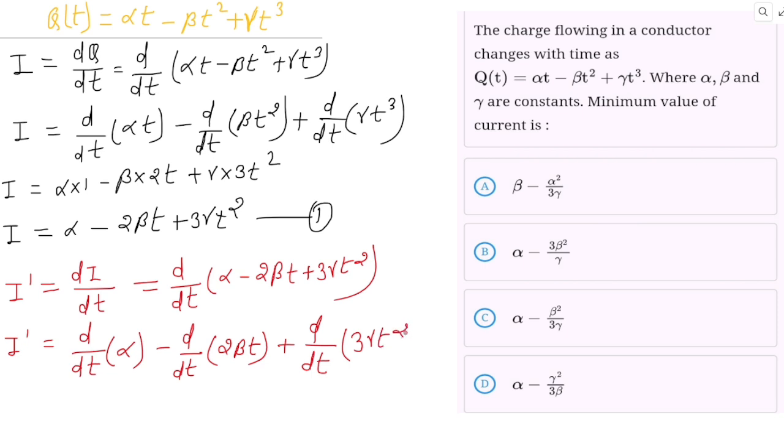Clear? Okay. Now you will simplify it. I dash is equal to d/dt of alpha is 0 because alpha is a constant, minus 2 beta, this is a constant term, and differentiation of t is 1, plus 3 gamma is a constant term and differentiation of t square is 2t.